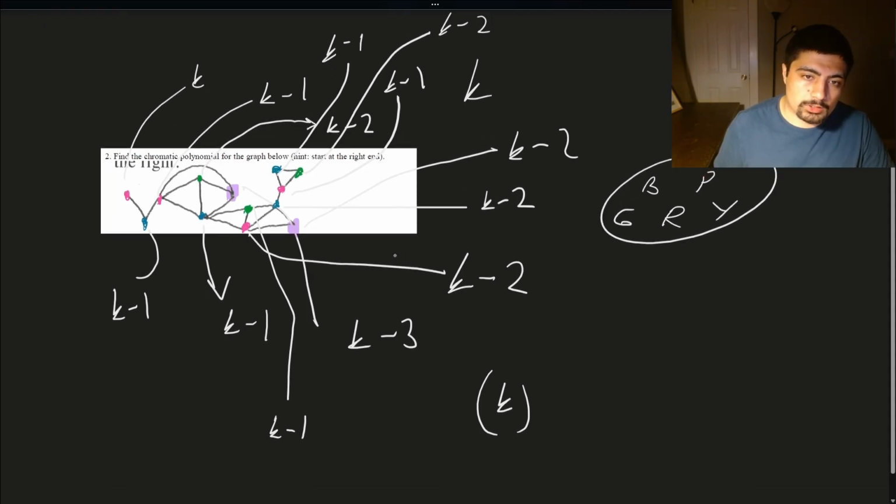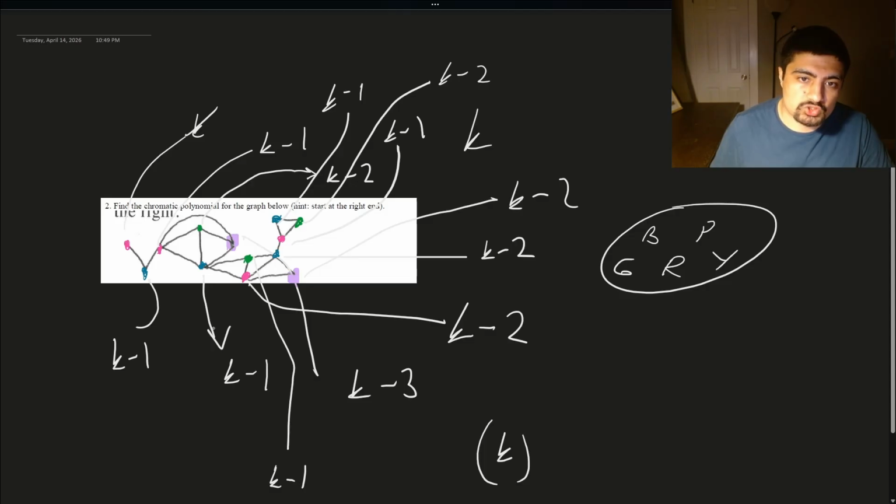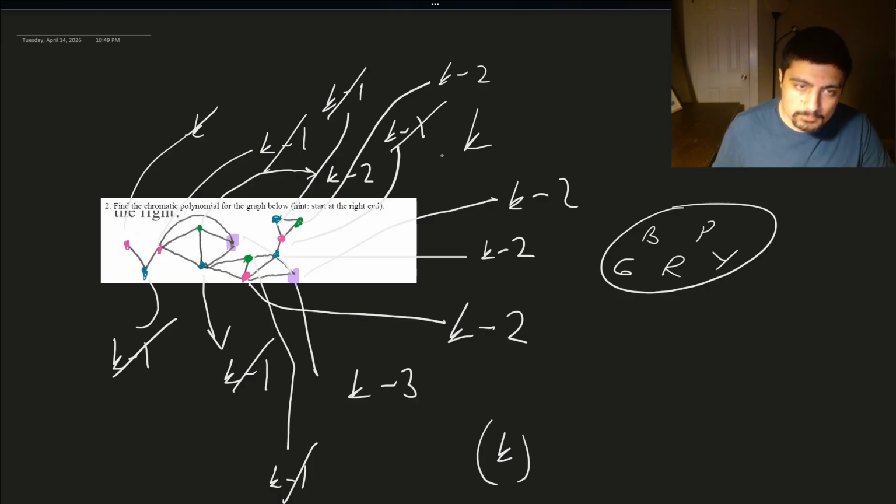We're going to eliminate k here, and now how many k minus 1s do we have? Let's combine like terms so we can have a really nice looking polynomial. That's going to be 5, 6, I think 6 ones. k minus 1 to the 6th power. Now let's think about k minus 2s.